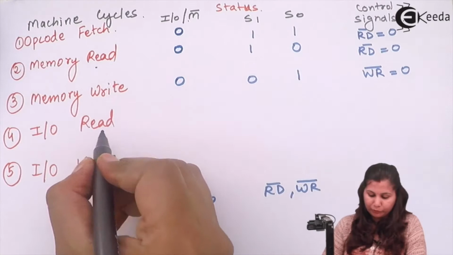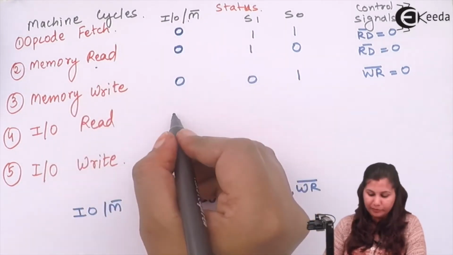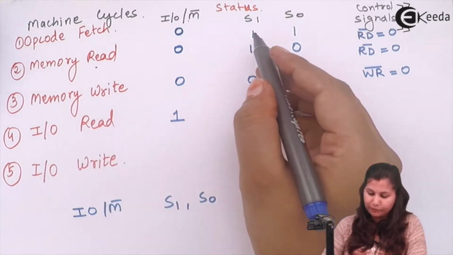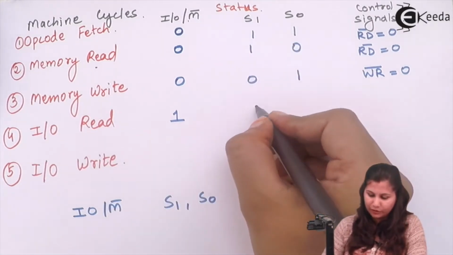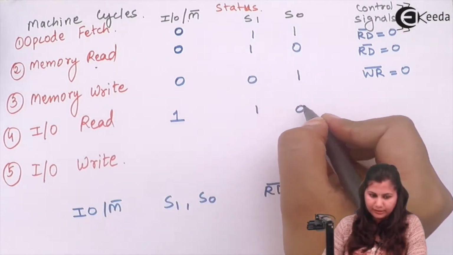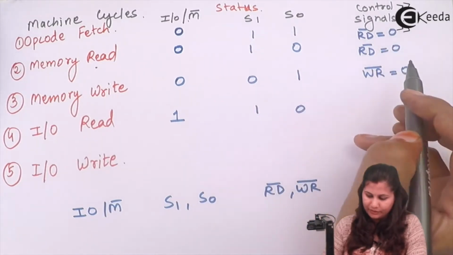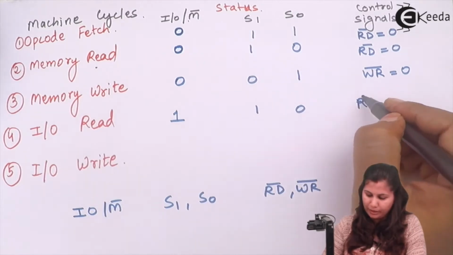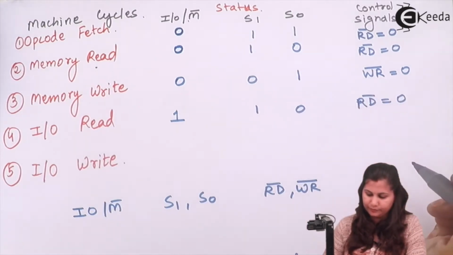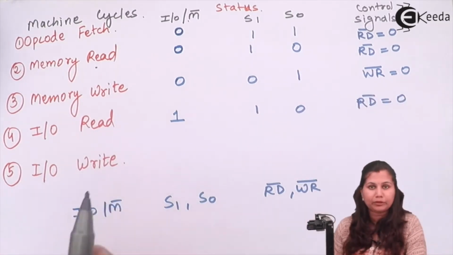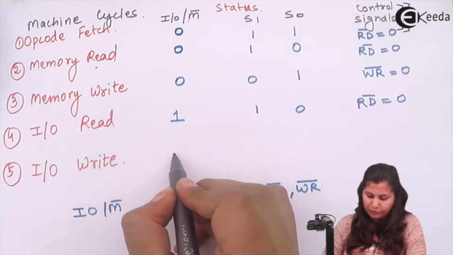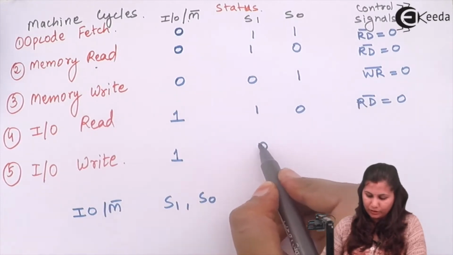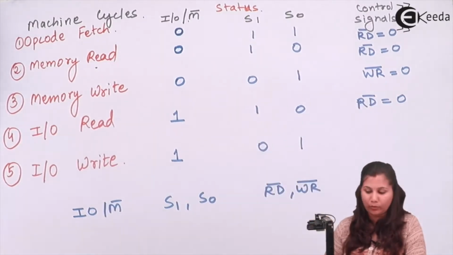Then we have input output read, so the IO signal should be active, that means it is active high, its value should be 1. S1 and S0 will be 1 and 0. Then we have the control signal, that is read, so RD bar should be 0. Then we have input output write, so IO should be 1. Then S1 and S0 should be 0 and 1.